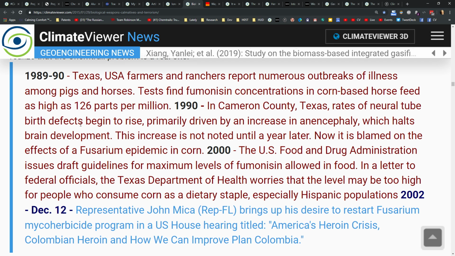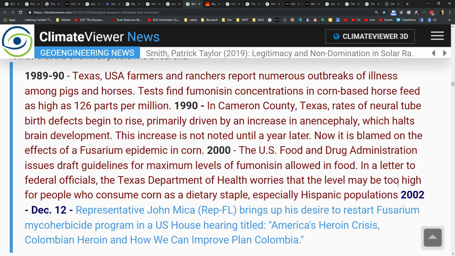Rates of neural tube birth defects begin to rise, primarily driven by an increase in anencephaly, which halts brain development. This increase is not noted until a year later. Now it is blamed on the effects of Fusarium epidemic in corn. 2000, U.S. FDA issues draft guidelines for maximum levels of fumonisin allowed in food. In a letter to federal officials, the Texas Department of Health worries that the levels may be too high for people to consume corn as a dietary staple, especially the Hispanic populations.